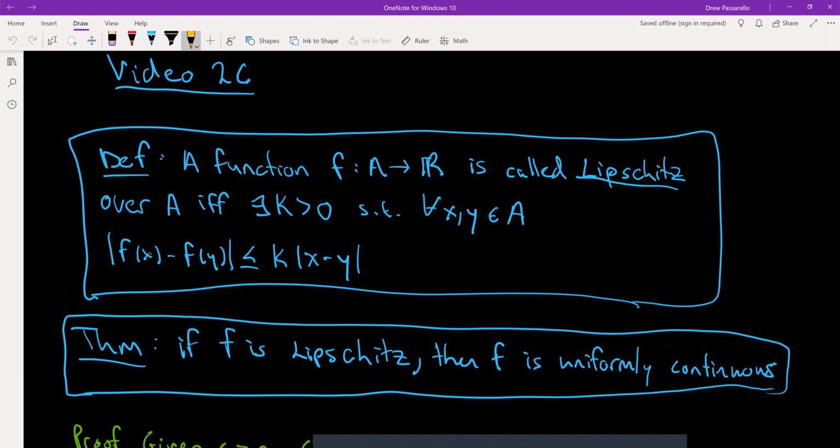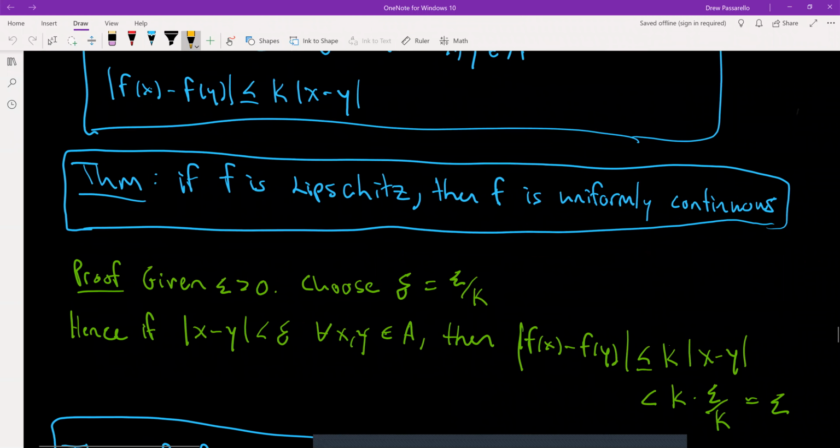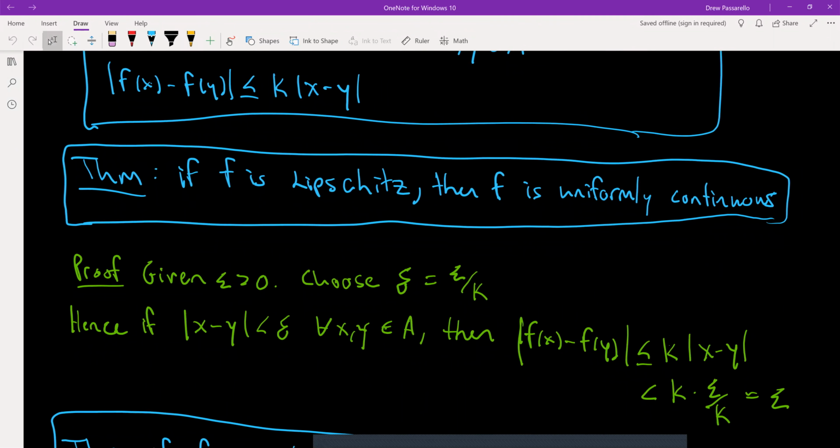A theorem: if f is Lipschitz, then f is uniformly continuous. And the proof of this is pretty straightforward. We're given epsilon, choose delta to be epsilon divided by k. Hence, if the absolute value of x minus y is less than delta, then for all x and y in A, we have that the absolute value of f of x minus f of y is less than or equal to k times the absolute value of x minus y.